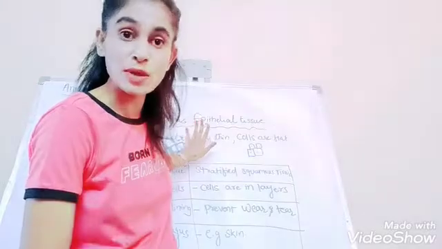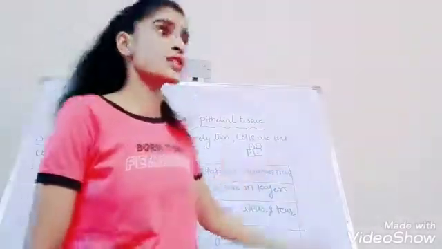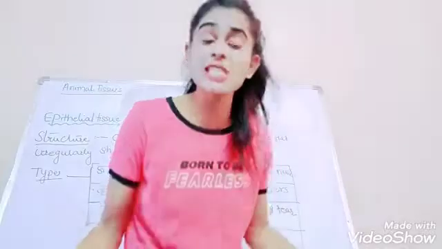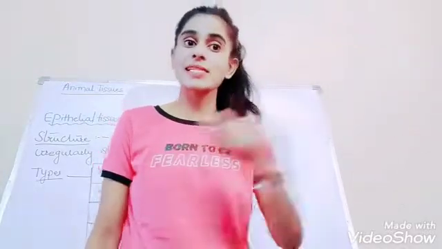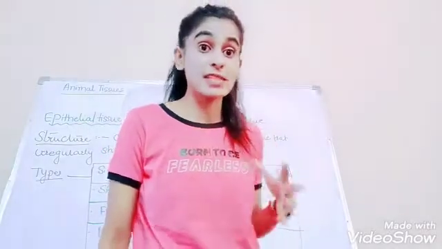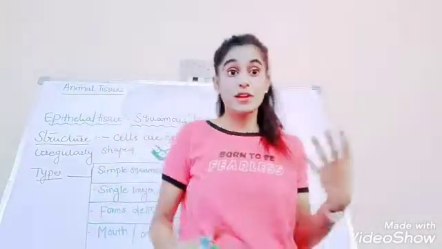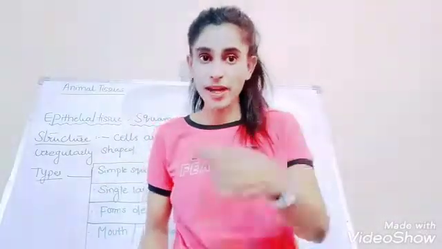Now, what is the stratified squamous tissue? What is stratified? Simply layers, when the cells are arranged in layers. We all have eaten cakes having different layers with different flavors. Did you all enjoy it or not?